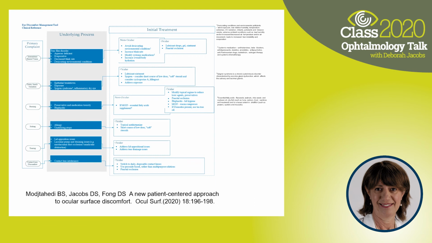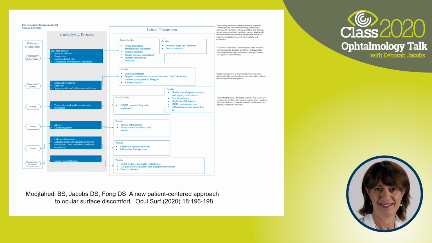And depending on whether the primary complaint is intermittent blurred vision, gritty sandy sensation, burning, itching, tearing, or contact lens discomfort, I proceed differently according to the algorithm. Basically, depending on the primary complaint, we look for what the underlying process leading to that complaint might be, and then we undertake initial treatment that is either ocular or non-ocular.